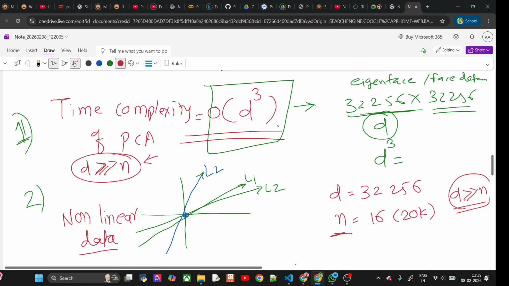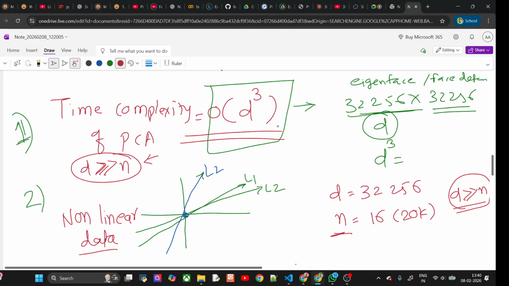The exam will ask what is the time complexity of PCA. It's the cube of your dimension, d cube. The main challenge here is the eigenvalue and eigenvector calculations, which take more time, and if you increase the number of dimensions, obviously the cost will increase.